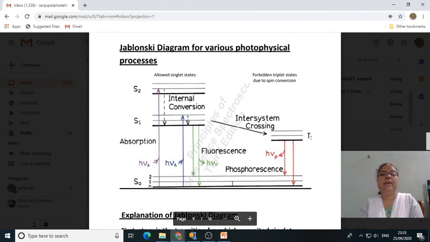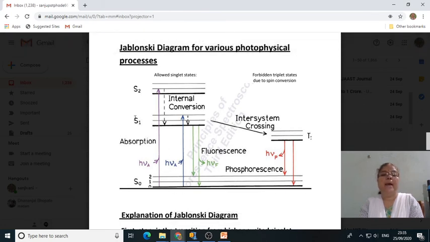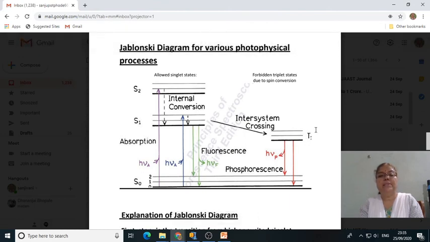The Jablonski diagram explains in a very simple manner the phenomenon of fluorescence and phosphorescence. As I have told you, this is the singlet ground state, and these are singlet excited states, S1 and S2. This one is the triplet excited state.